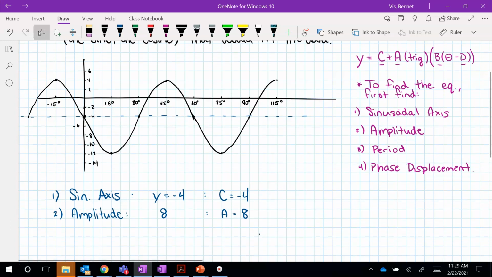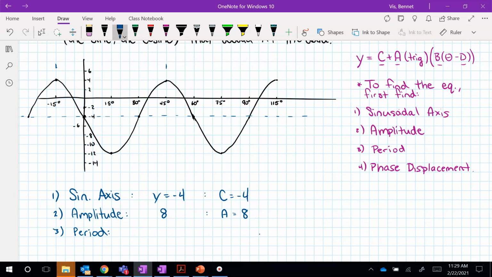Right. The period. The period of my graph is the distance it takes to complete a full cycle. So again, you can look from top to top, or bottom to bottom, or midpoint to midpoint, but make sure that you're skipping, right? It has to be the whole cycle here. So I think easiest to go from here to here to get my period.